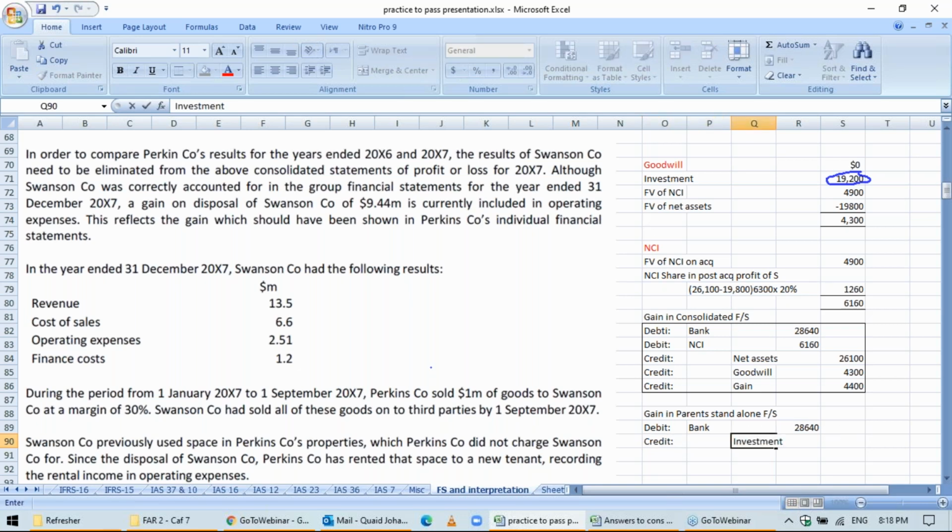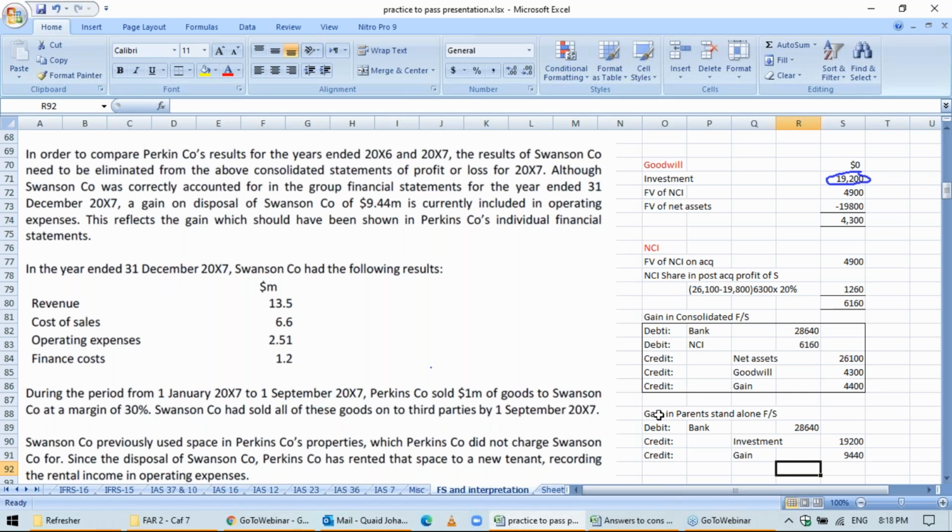They purchased the investment for 19,200. Now there is a difference between the investment and the bank amount. So they recognize a gain in the standalone financials, which is the difference between 28,640 and 19,200, which makes 9,440.